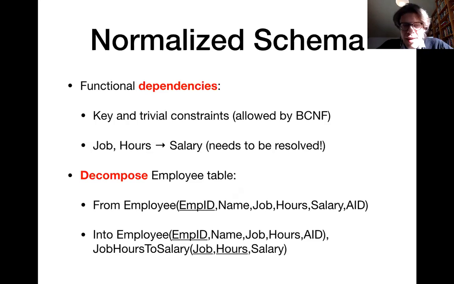So this is one simple example that illustrates the entire process. We start with an entity relationship diagram, then we translate it into relations, exploiting our knowledge about the specifics of the domain.